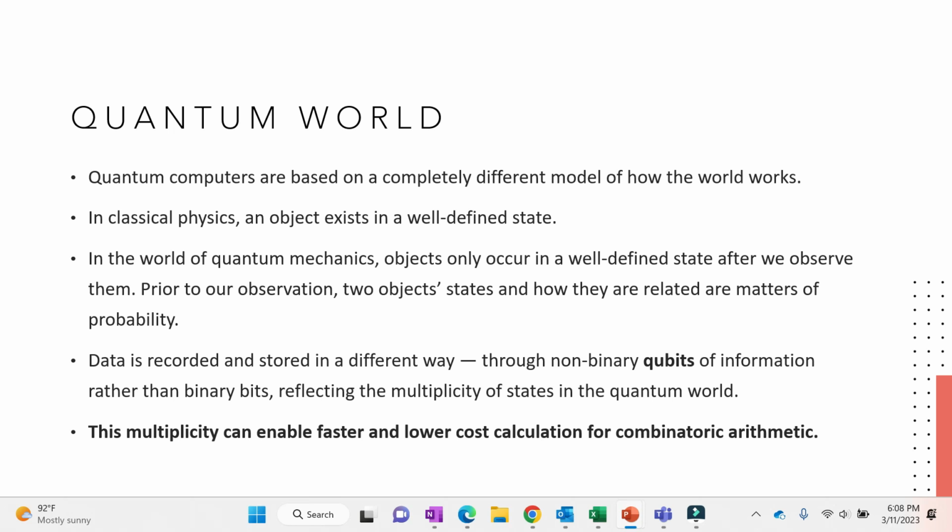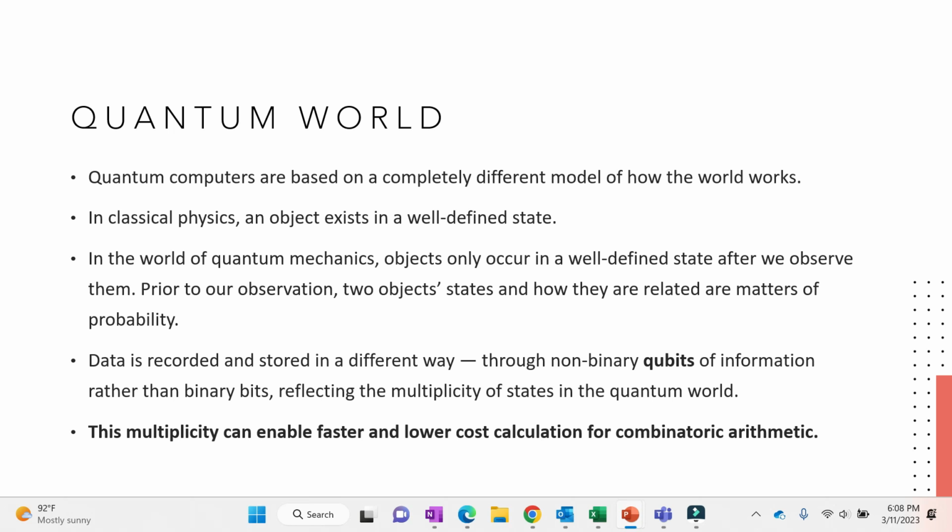Now, when we are talking about quantum computing, we need to know a bit about what the quantum world or quantum physics is, because quantum computing is based on the principles of quantum physics. Quantum computers are based on a completely different model of how the world works.